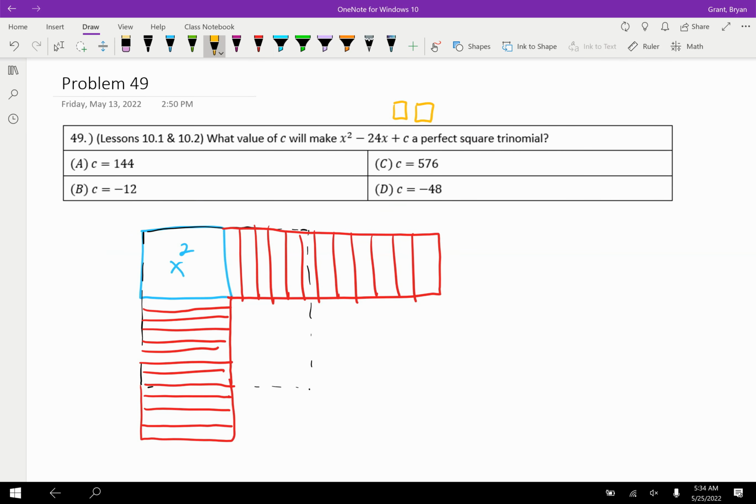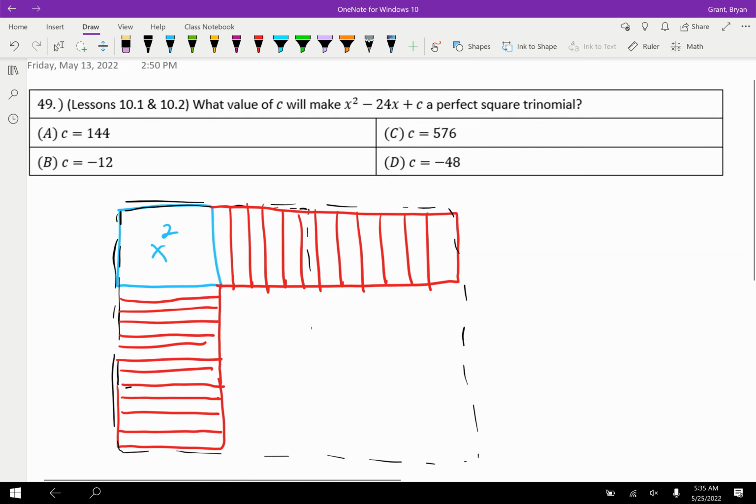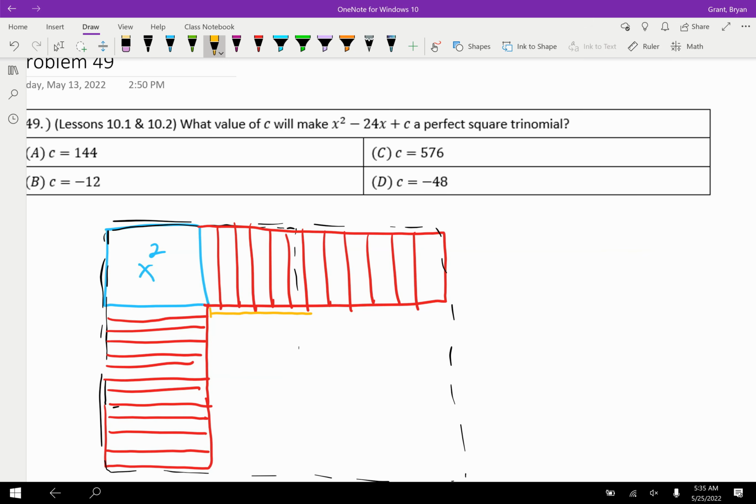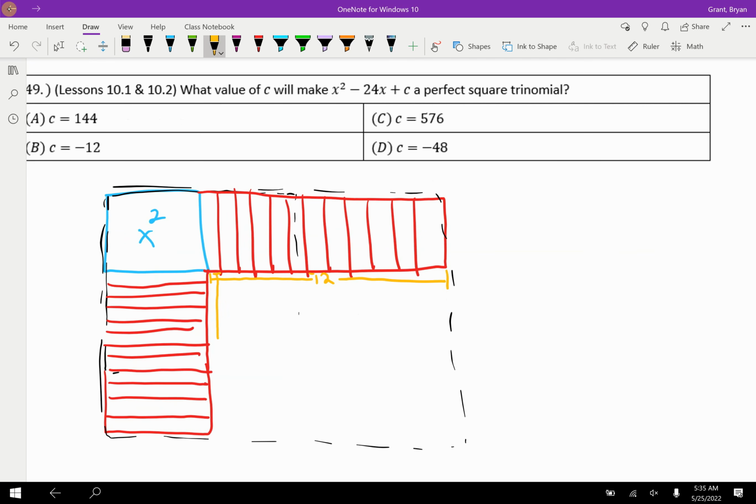Then the plus c part is going to be the 1 tiles, these little guys. The question becomes, how many little guys are going to fit into this huge gap over here? Each little guy fills up a little space. We know that this space is 12 long this way, technically negative 12, and also negative 12 long this way.